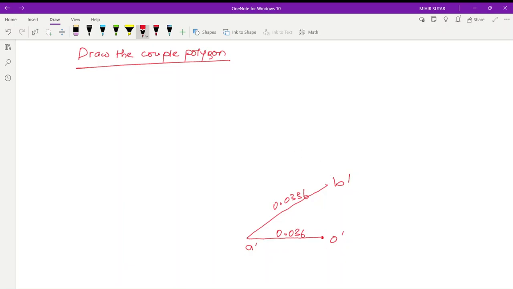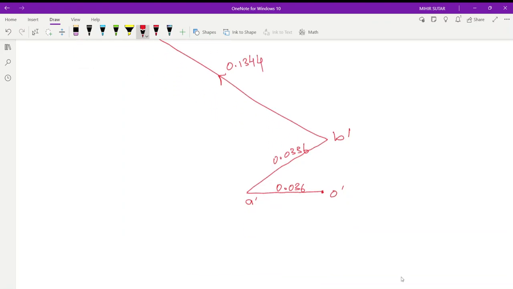Then we will have this C dash. Okay, it is 0.1344.